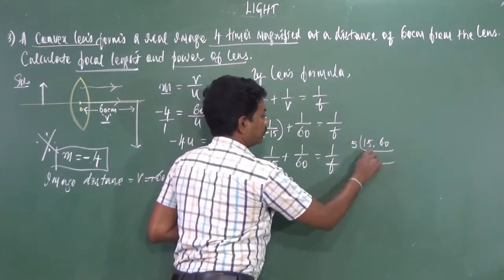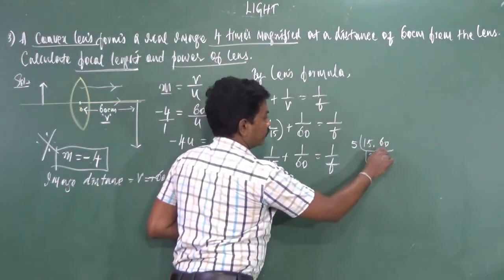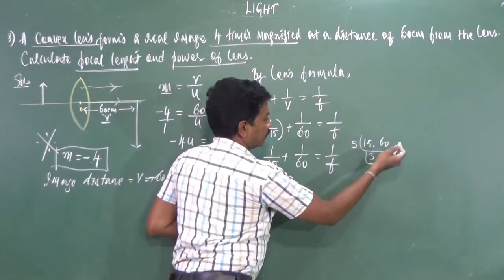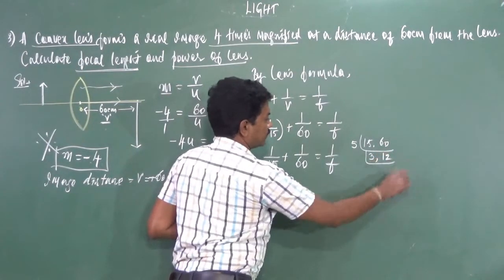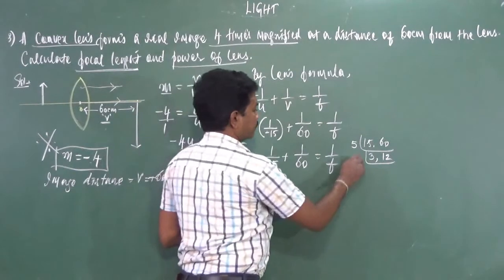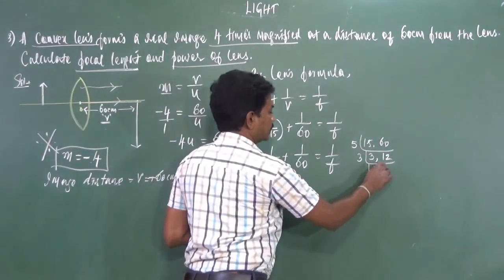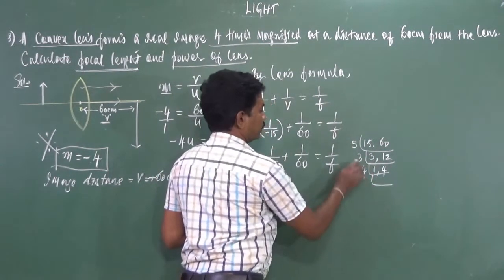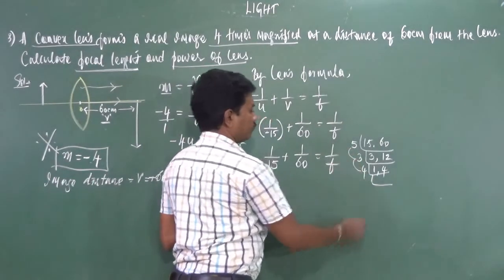5 1s are 5, 5 2s are 10, 5 12s are 60. So again I will go with 3. 3 1s are 3, 3 4s are 12. So 5 3s are 15, 15 4s are 60.